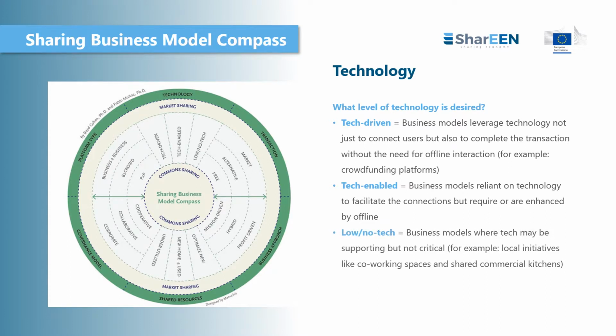The third one is the low or no tech. While most of the sharing initiatives out there are at least enabled by technology, there are still many startups in the sharing economy where technology is, at most, a supporting tool, but not critical. Examples of this can be found in co-working spaces and shared commercial kitchens. Low or no-tech startups are usually local initiatives that are known and used by the local community.